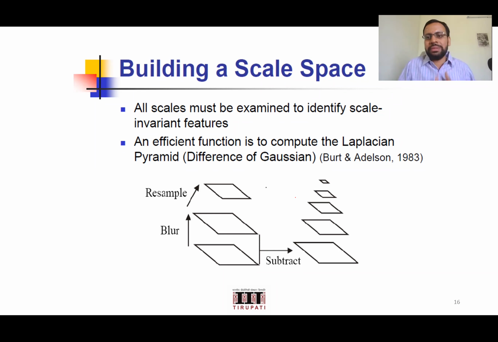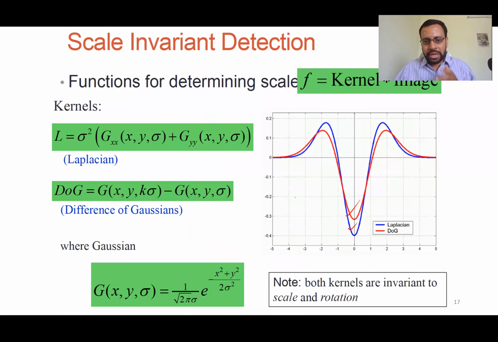We do it for the sake of computational efficiency, because the moment your Gaussian kernel size increases, the number of computations you have to do would increase. So resampling is a simple thing. Downsampling is a simple operation. For example, you take every alternate row and column. That's a simple downsampling. Anyway, I'm going to discuss that in more detail.